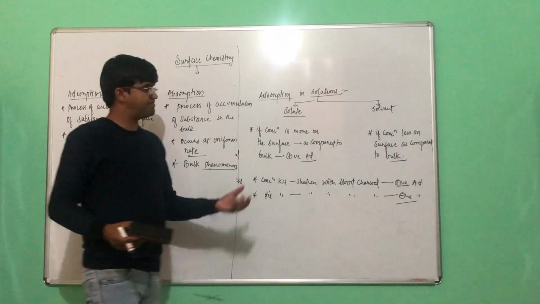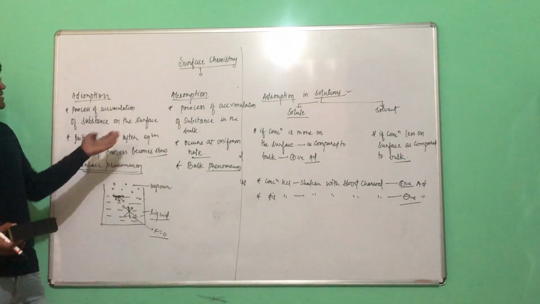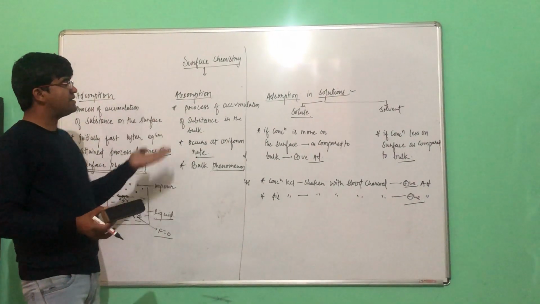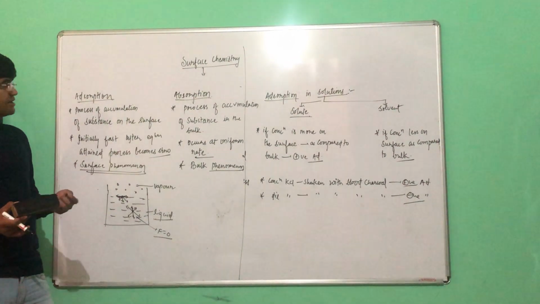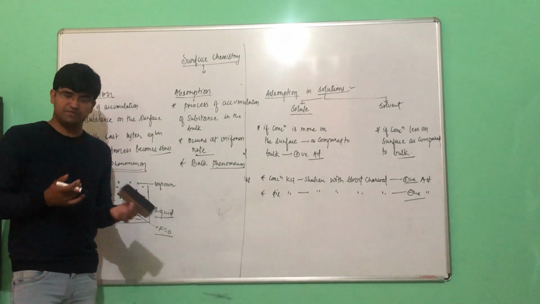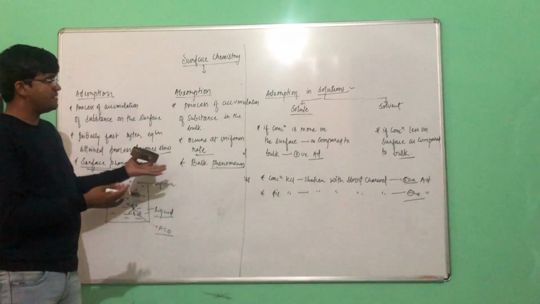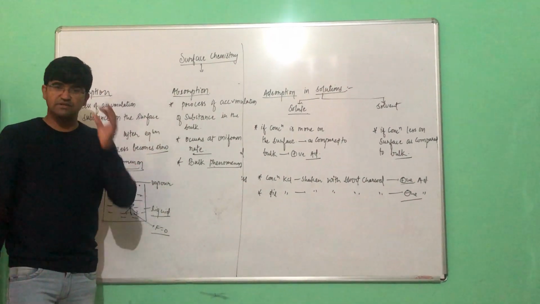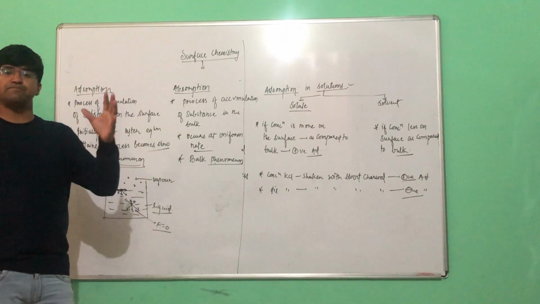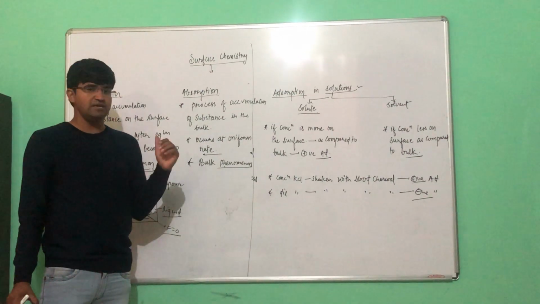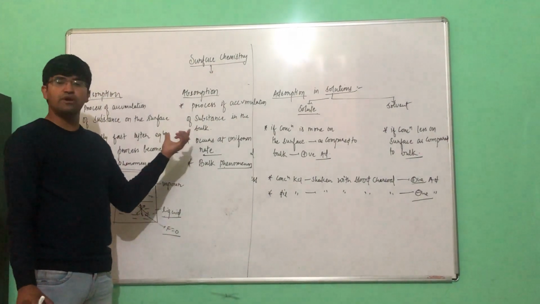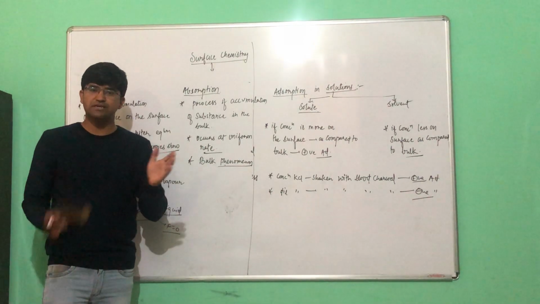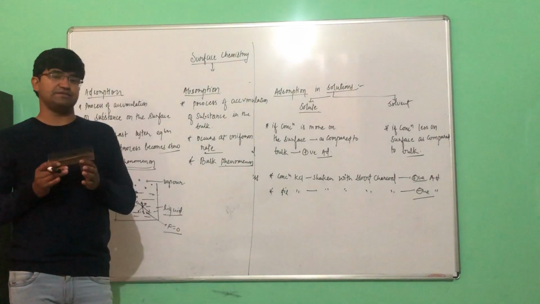So these are the basic differences between adsorption and absorption. Now we can recall the terms we have studied during this period of teaching. Adsorption is the branch of science that deals with the study of phenomena taking place on the surface or interface. An interface is a boundary that separates two bulk phases.